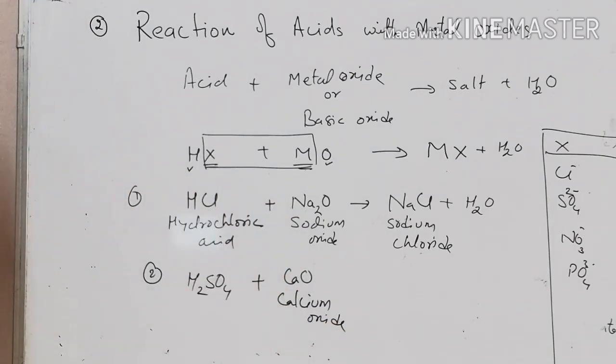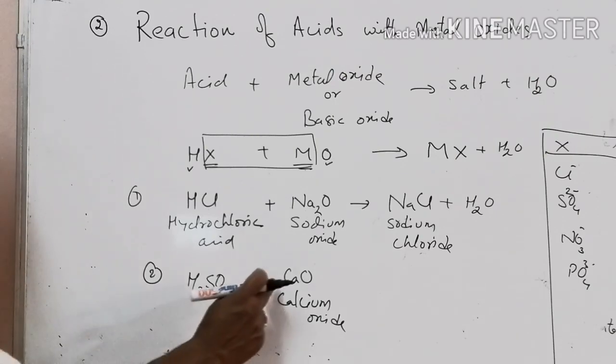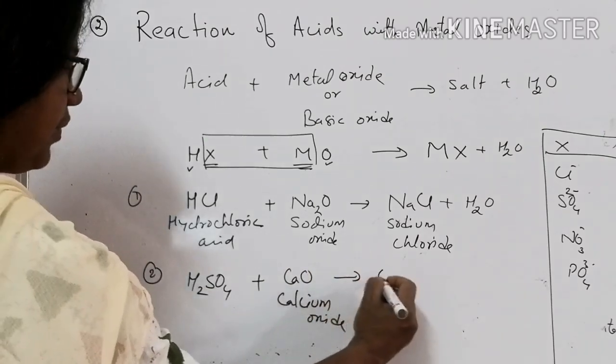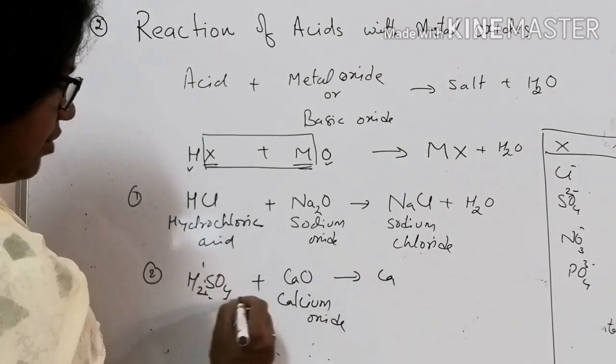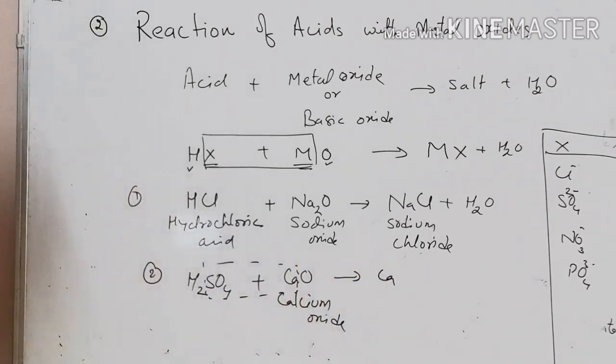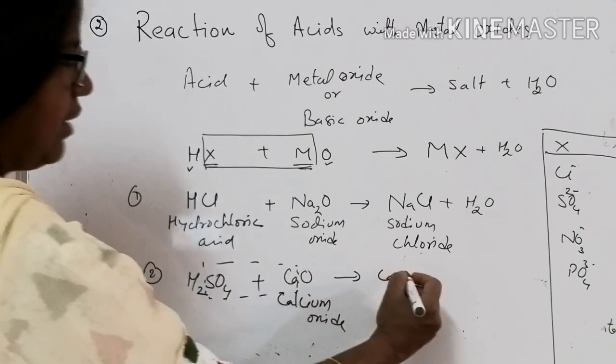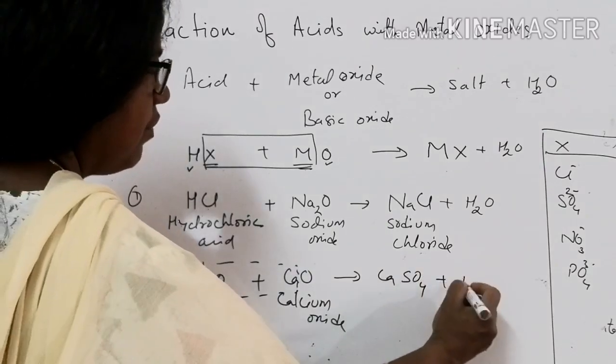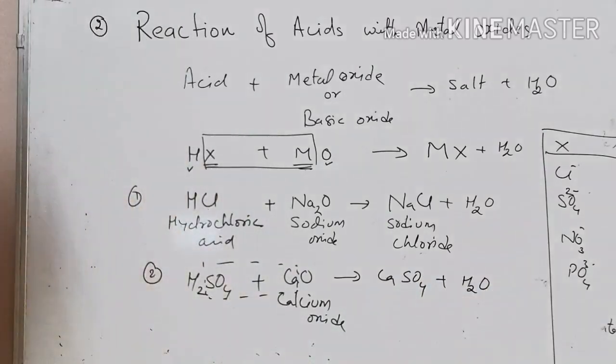Calcium oxide, again here it is basic in nature. So calcium oxide reacts with sulfuric acid to form calcium sulfate. Again here you can see calcium combined with sulfate radical to form calcium sulfate. Hydrogen with oxygen will form water.